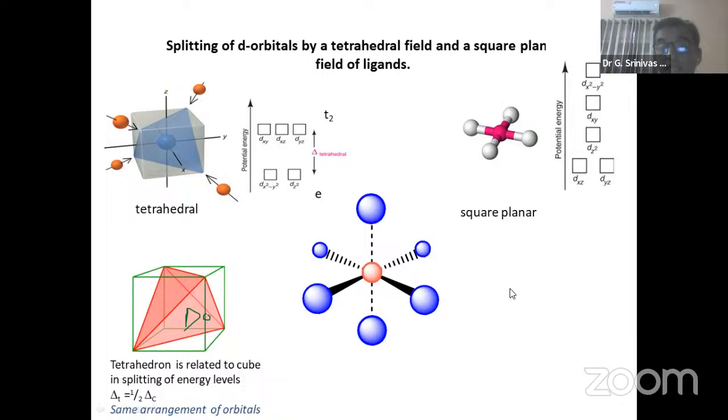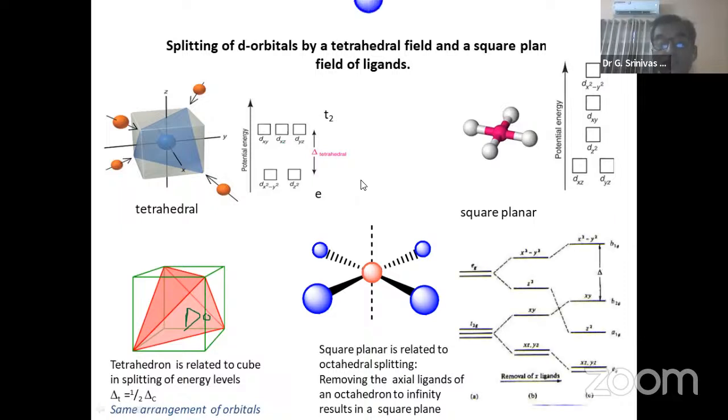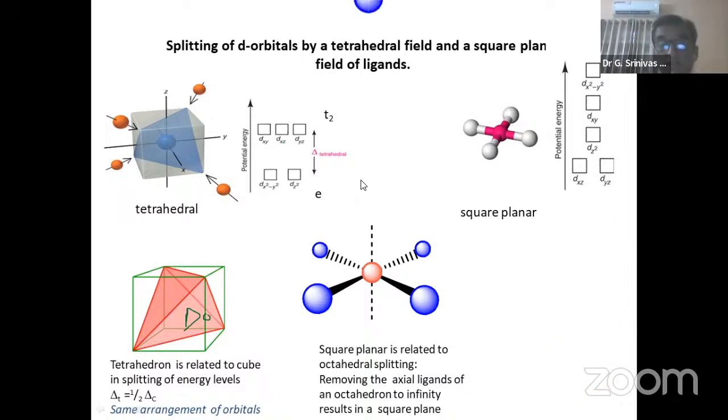Yeah, you can see here the splitting of d orbitals by a tetrahedral field and a square planar field of ligands. As I explained just now, this is the tetrahedral.